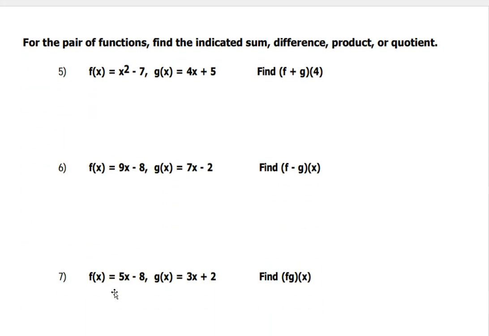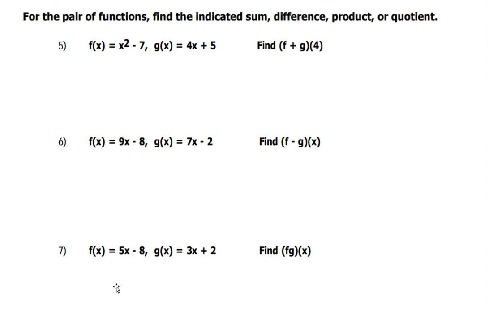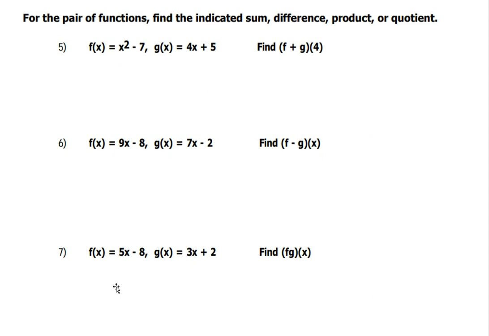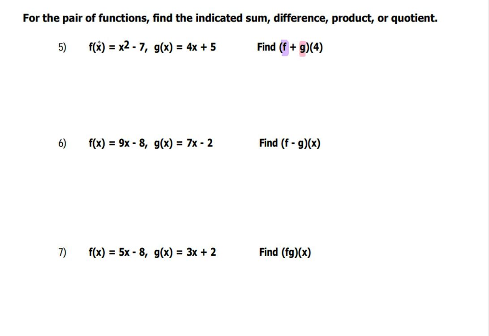Then we get into these composite functions. For the pair of functions, find the indicated sum, difference, product, or quotient, whatever it is I give you. For the first one, I said find f plus g of 4. So I've got an f function and I've got a g function, and f plus g is the same thing as saying f of the 4 plus g of the 4.